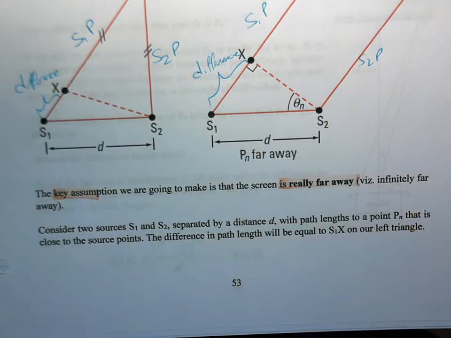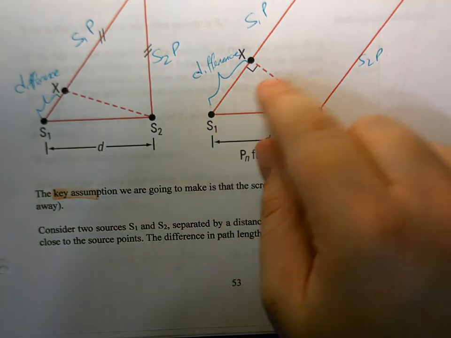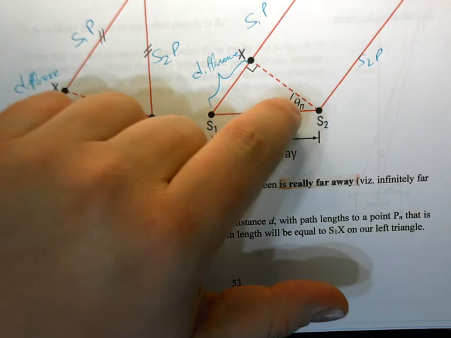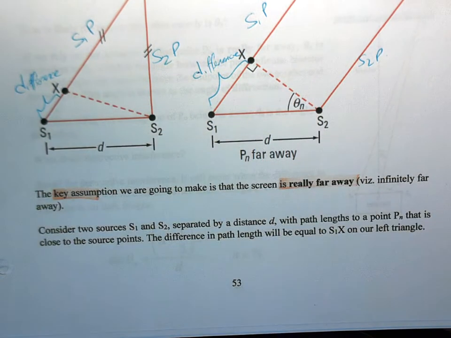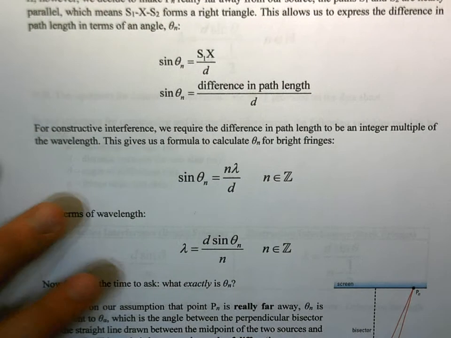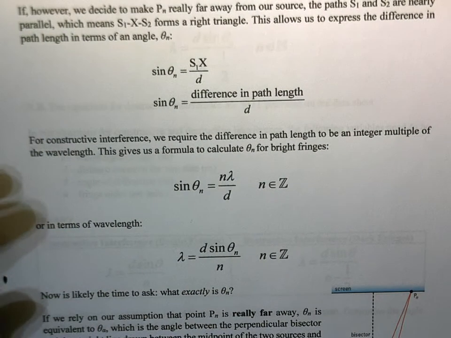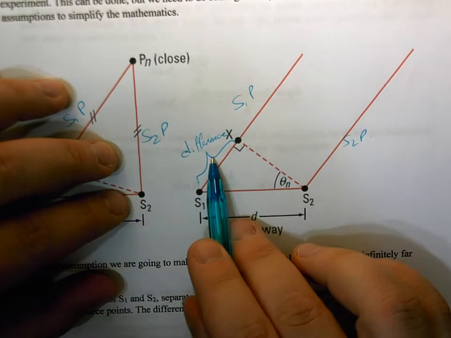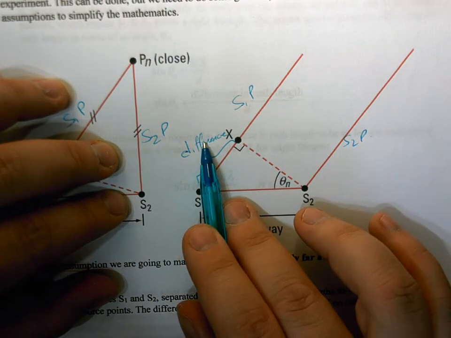So that difference in path length here, this distance S1x, we can relate to this angle and to this distance between the slits. Let me go back to my diagram here. I know that this difference is my opposite side.